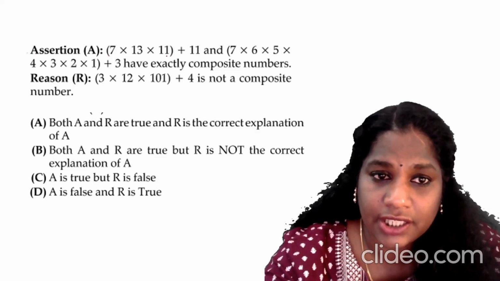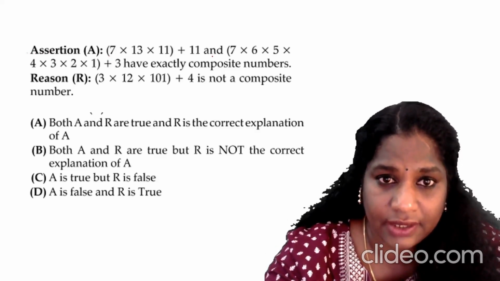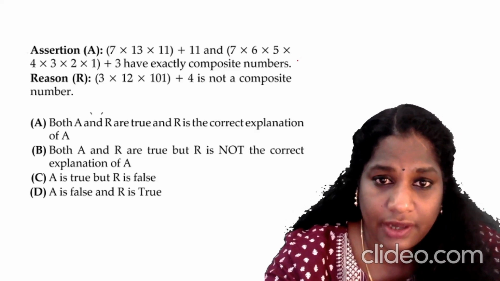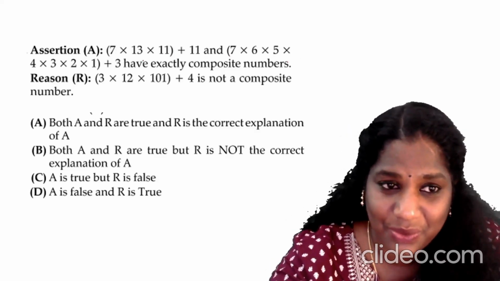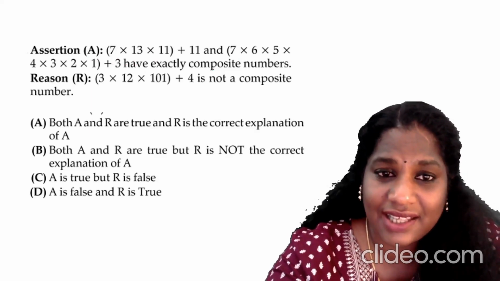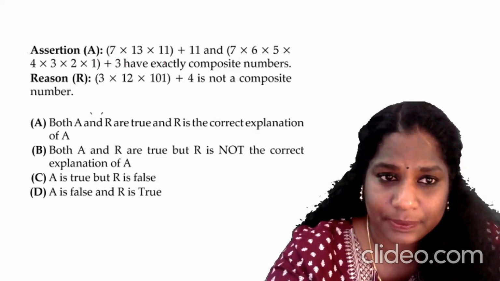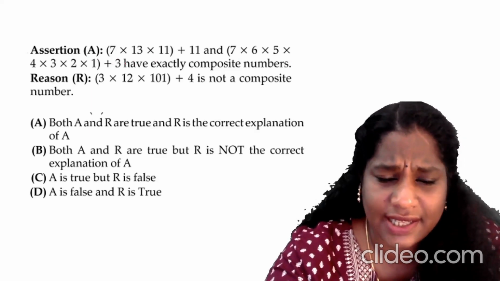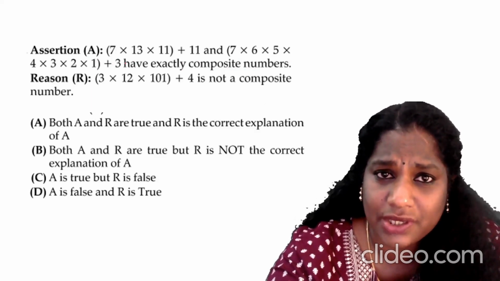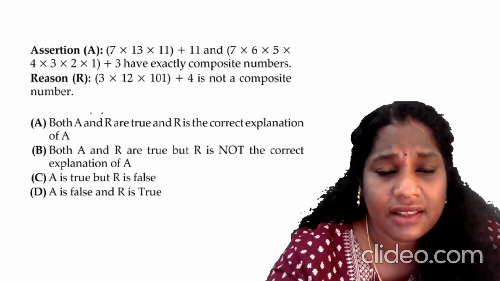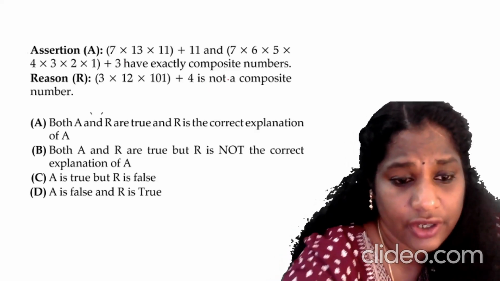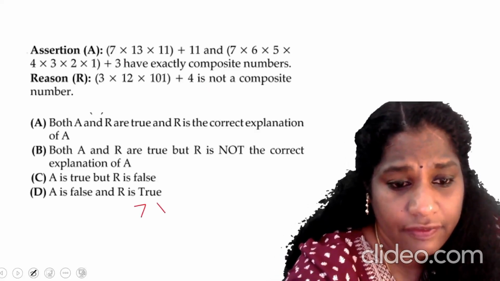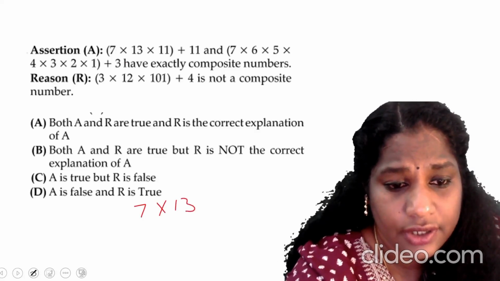7 into 13 into 11 plus 11, and this particular number 7 into 6 into 5 into 4 into 3 into 2 into 1 plus 3, they are saying these are composite numbers. Looking at it, it's very clear that they are composite numbers, because definitely this has more than 2 factors. I am very sure. Are you sure? If you are sure, try to do it.